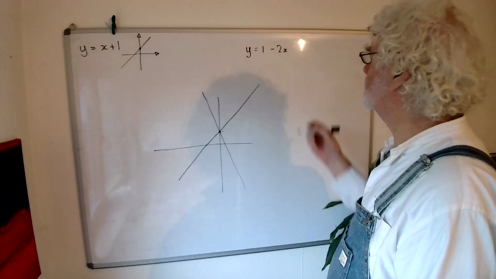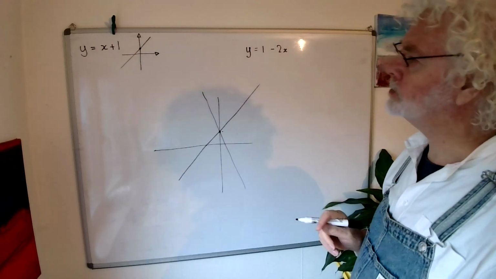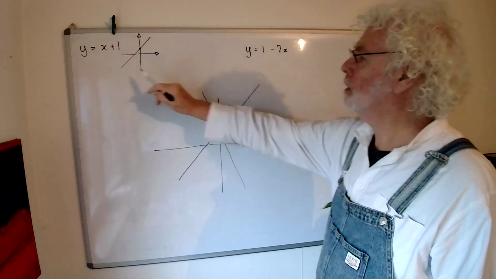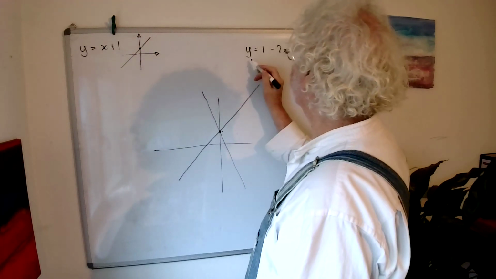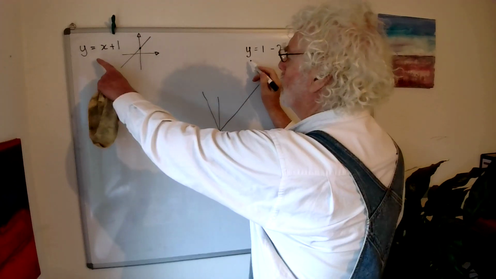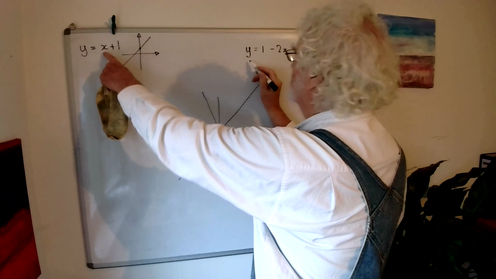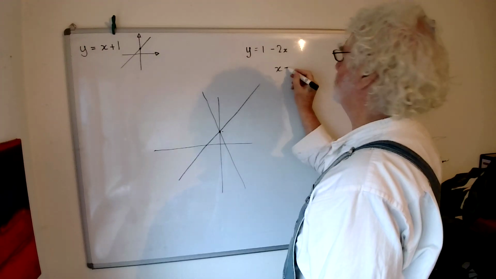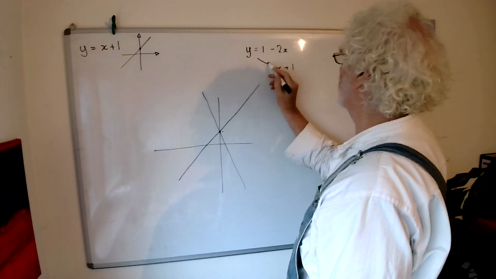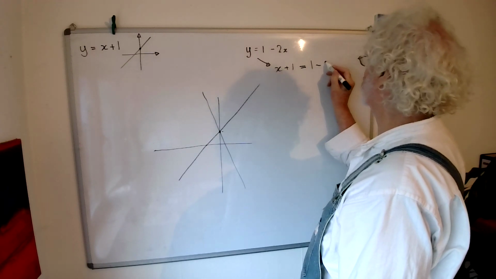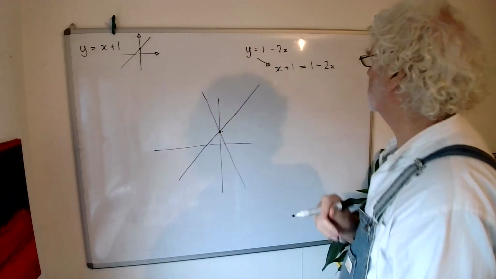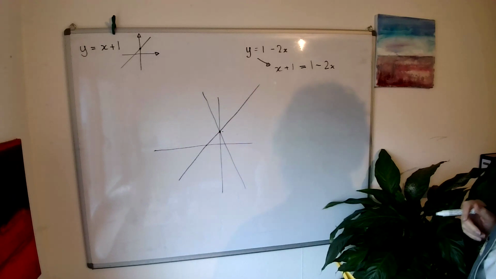You can substitute one for the other, so you could substitute in here for y, which would be x plus 1, so there's the y, equals 1 minus 2x, and then work out x.